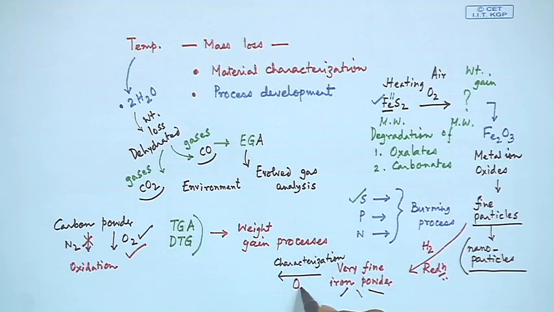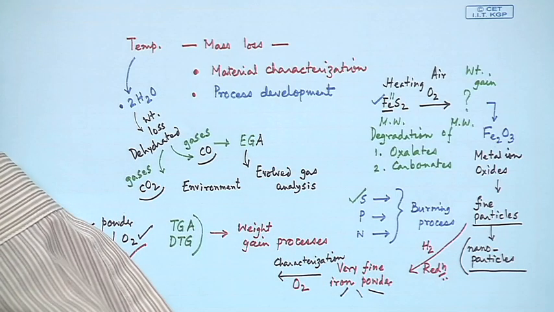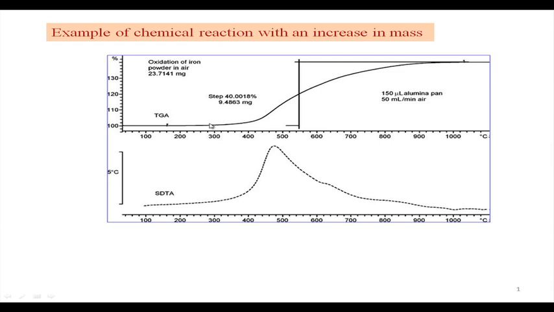So, in an air or O2 environment, if we go for the oxidation of iron in air, this is a typical characterization process, and how the corresponding mass gain profile or plot is available to us, we can see from the TGA plot.